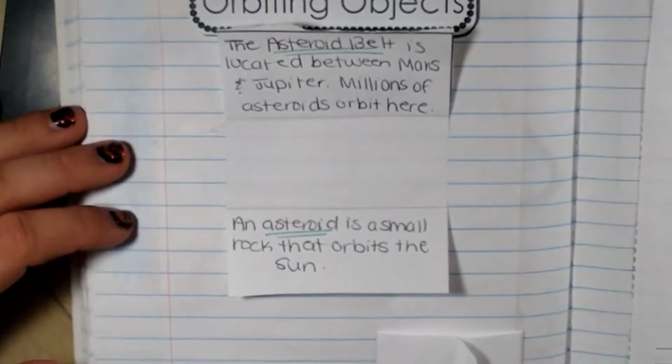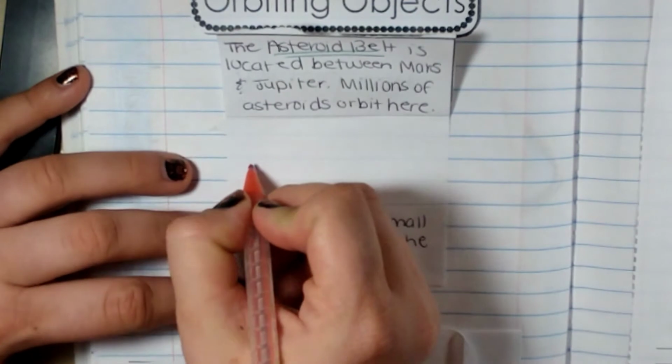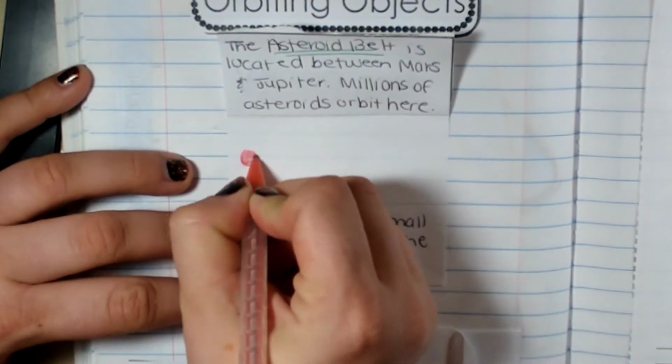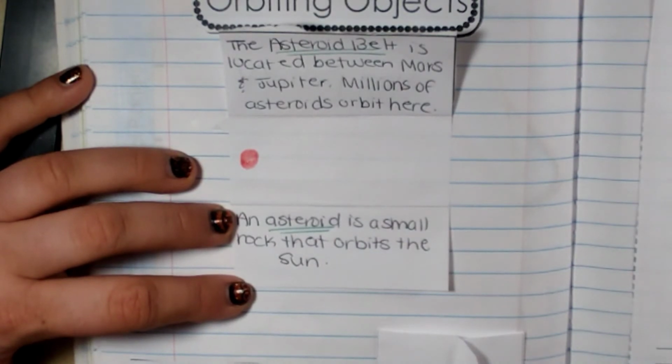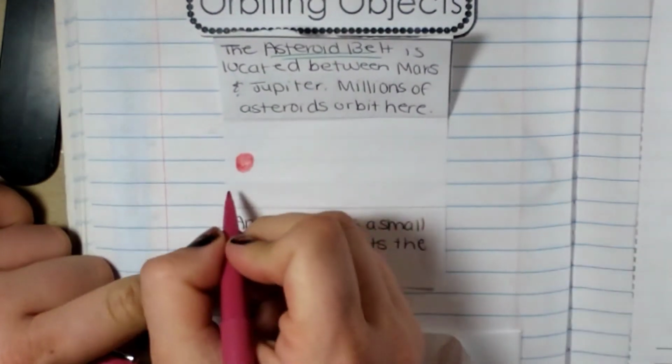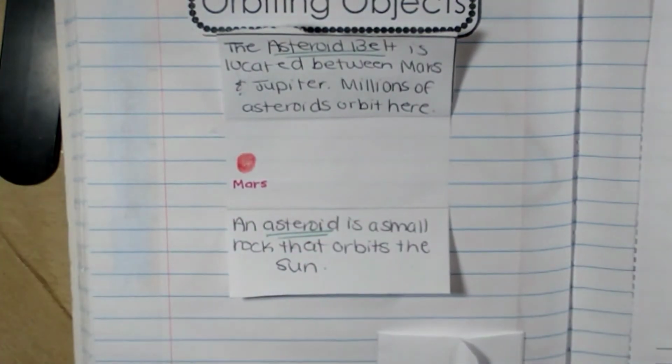Okay. Now what I'm going to do is I'm going to draw a picture. So I have Mars here. Mars is known as the red planet, if you remember from our notes before. It's our last terrestrial planet. If you remember, that means that it's one of the inner planets.